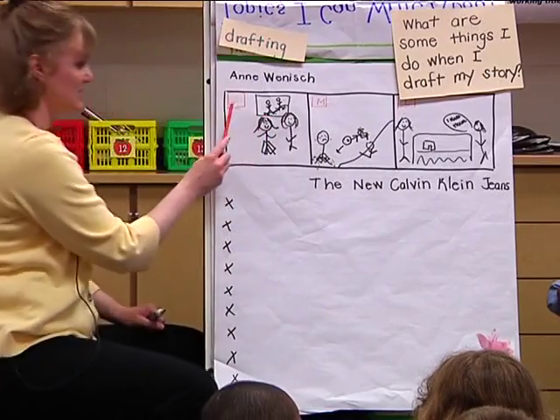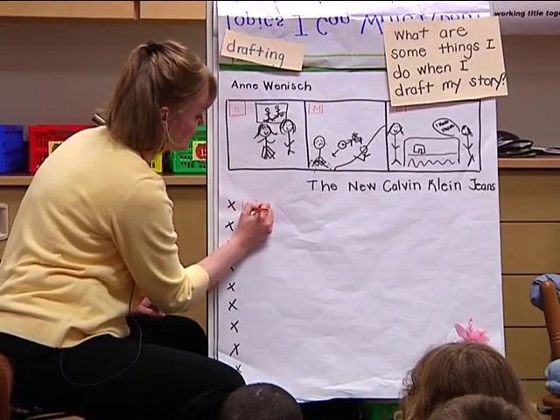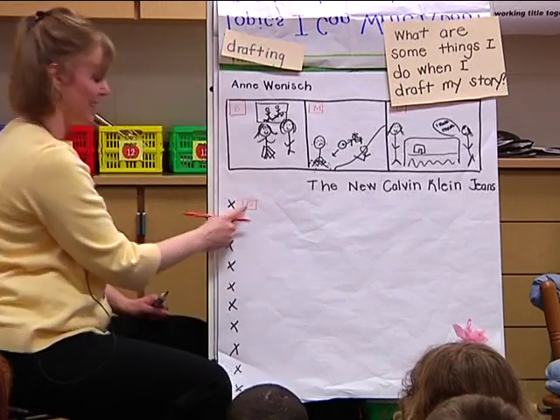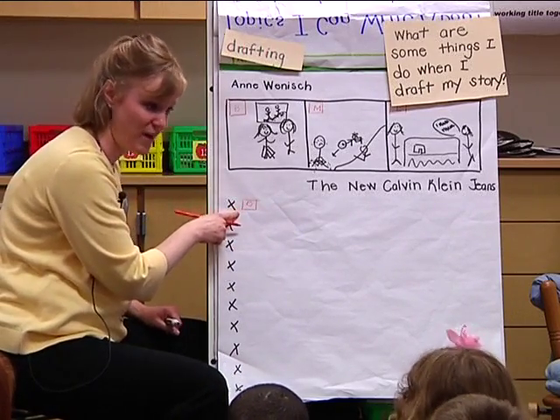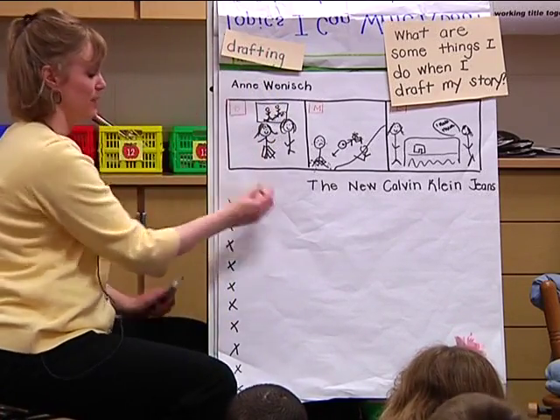So I'm actually going to take, see that orange square up there with the B? I'm actually going to start with that to remind me that I need to indent that first line when I draft. So I'm going to put that box down there to show I need to start in a little bit for my indent.